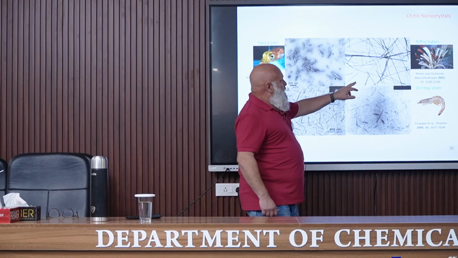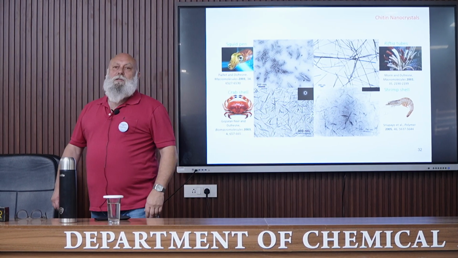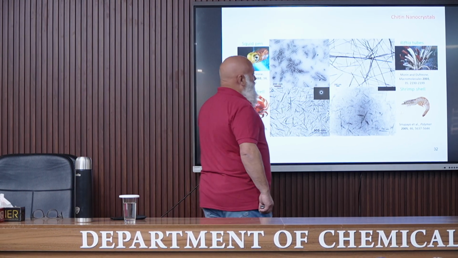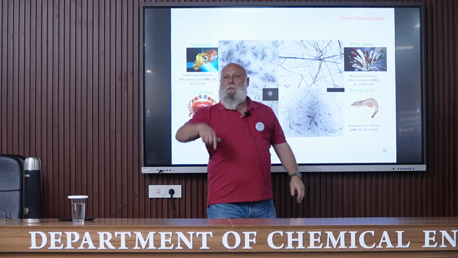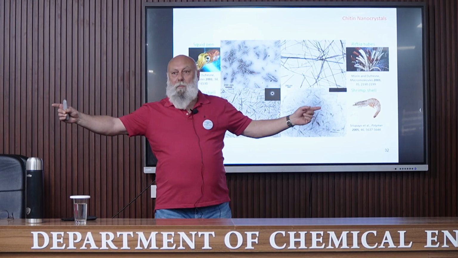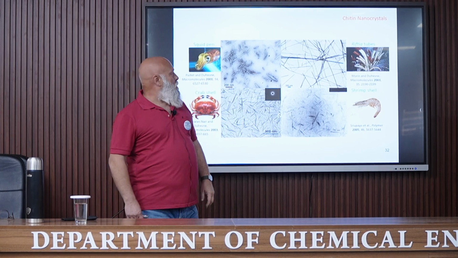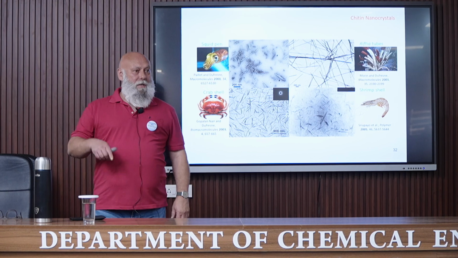Yes, this is another source of chitin, which is more exotic, let's say. It's Riftia tubes. Riftia tubes are these tubes in which there is a worm. It can be more than 2 meters long, and you can find these worms or these tubes in the deep sea, 3,000 meters deep.